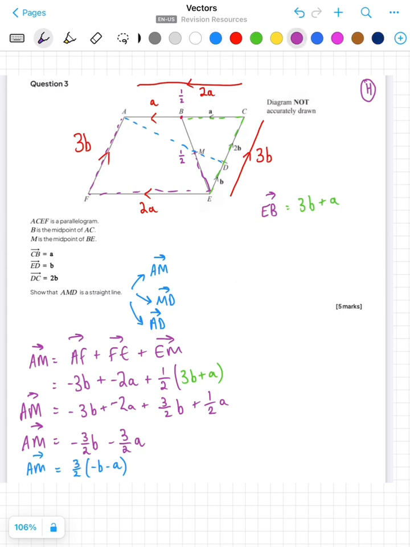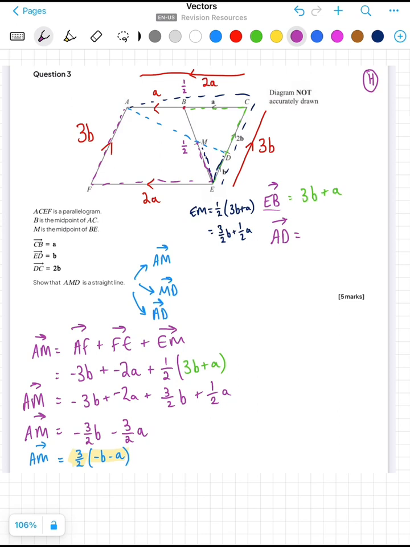So then we want to find either M to D or A to D. Let's find A to D. So we're going to go A to C, C to D. So A to C minus 2a, C to D plus 2b, minus 2b, sorry, because we're going in the opposite direction.